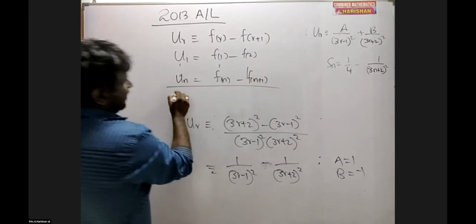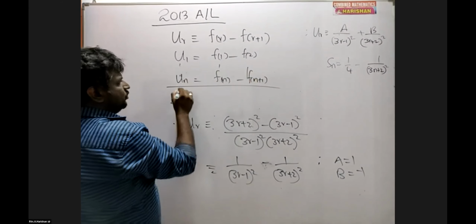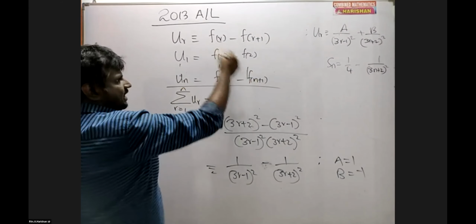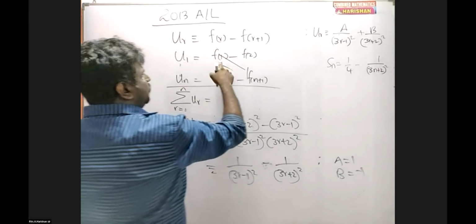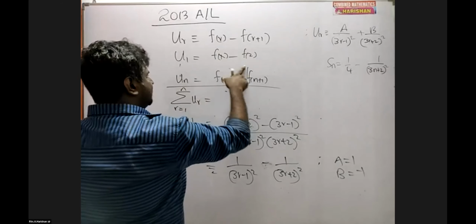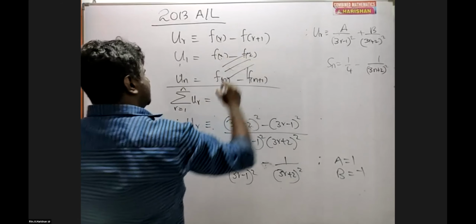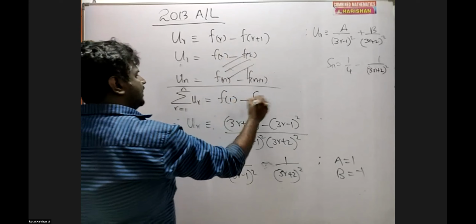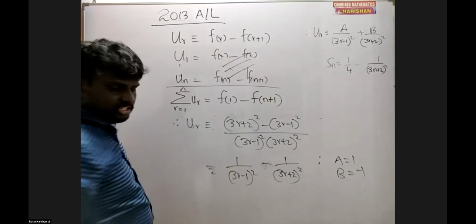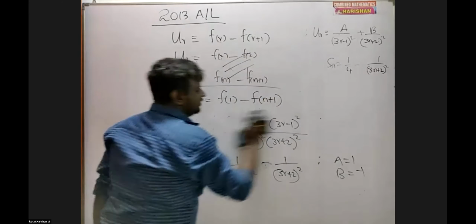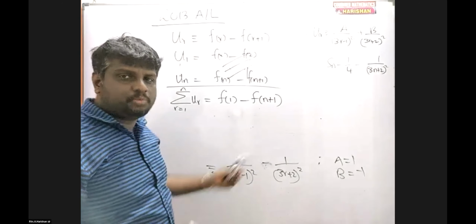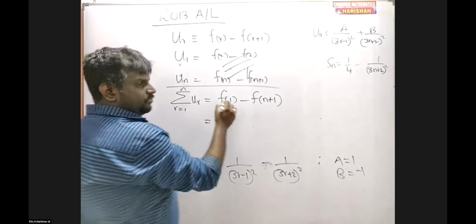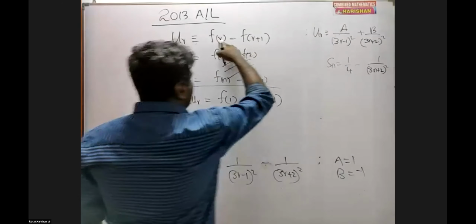If you add that, this is sigma r from 1 to n Ur, and here it will be cancelled like this. The remaining part is f1 minus f of n plus 1. Because of the time, I'm quickly writing. f1: you substitute 1 for r.